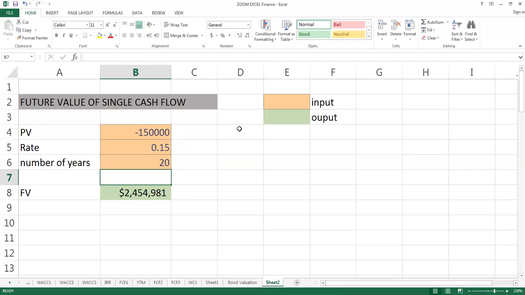So I will get the answer without any problem, what future value I will be able to get if I am keeping this amount in the account. Student, the objective of this lecture was only to give you the future value concept and present value concept. So I'm moving to another concept.